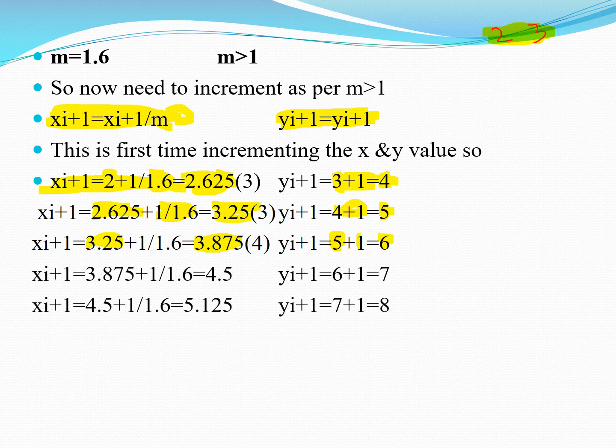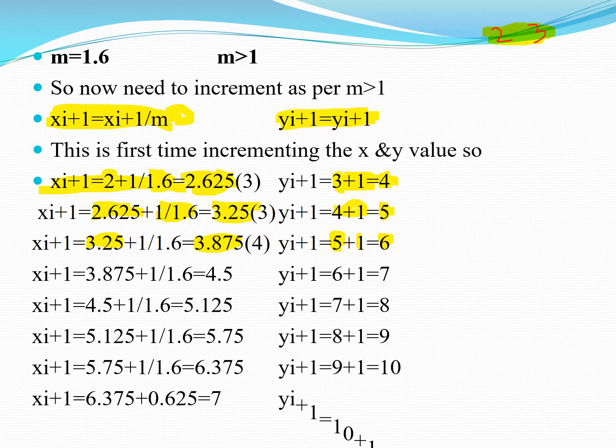So we have to continue. When do we need to stop? When we get the final values, that is the x2, y2 value. What is the x2, y2 value? In the question they gave the Q value.